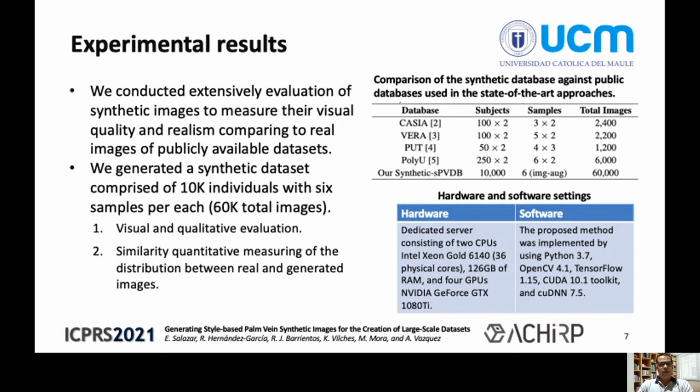Then first we evaluate the visual similarity between synthetic images and public datasets, and later we evaluate the same datasets using quantitative metrics. The experiments were conducted on a dedicated server with these hardware and software settings.